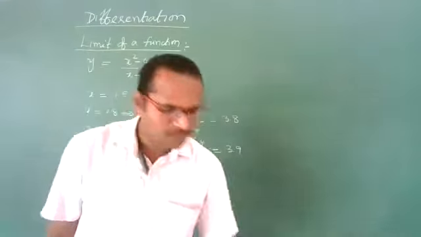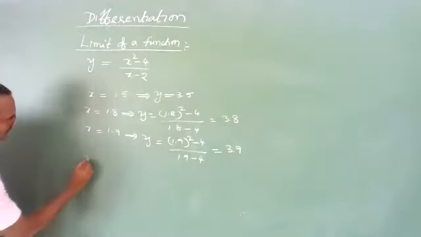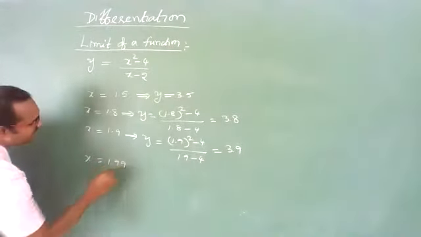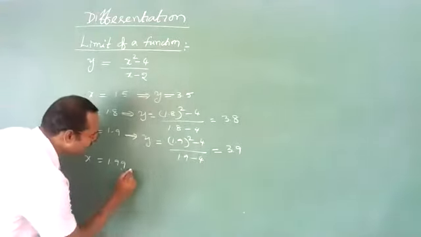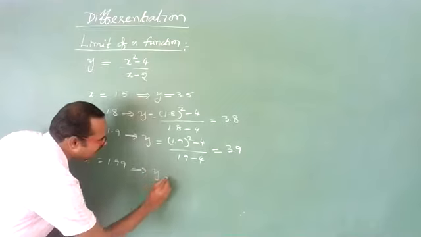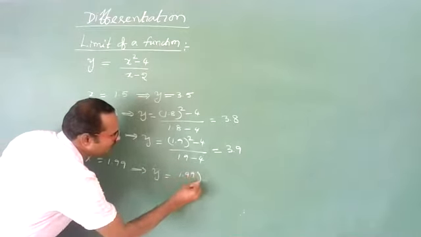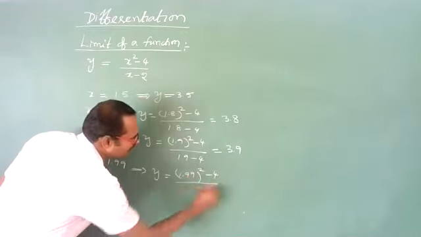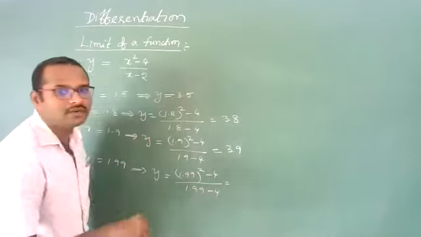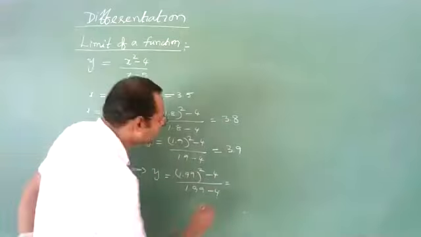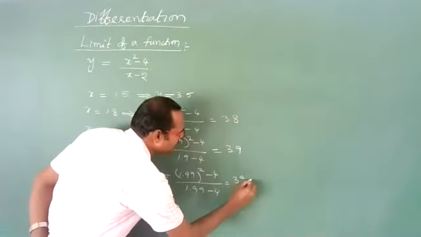Now if you take the x value as 1.99, increasing it still more, you will get the y value as 1.99 squared minus 4, divided by 1.99 minus 2. Now you will get the value as 3.99.